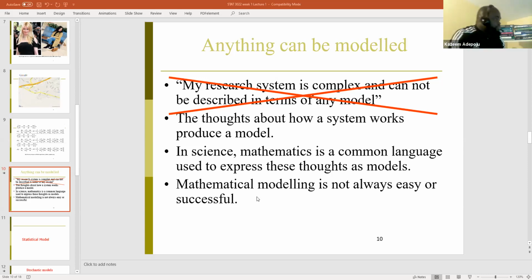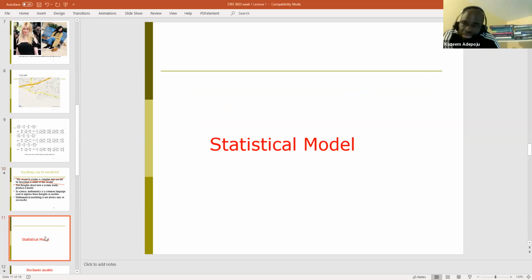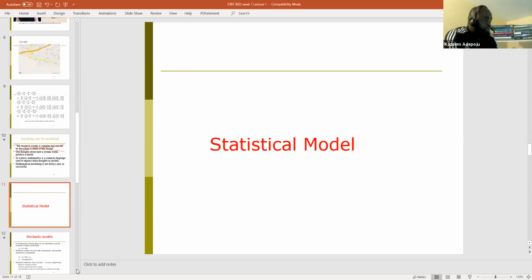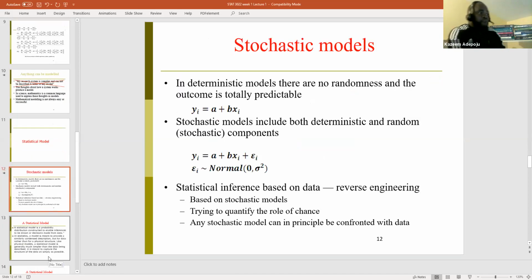Okay. Now, I'm going to walk you through different kinds of models, and I will first start with what I call a deterministic model. Okay? What do we mean by a deterministic model?